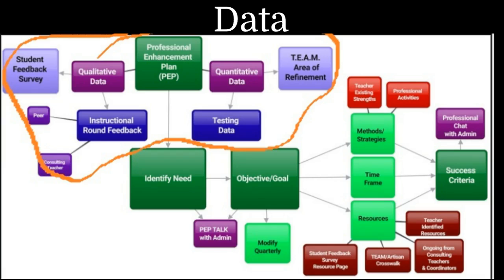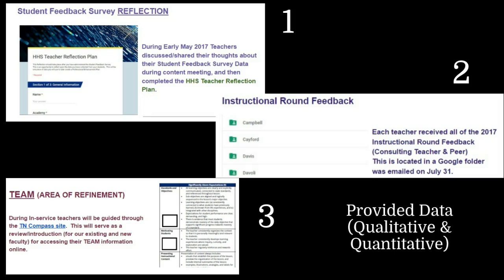So let's look at the data that will be used to come up with identifying a need, an area that needs to be enhanced. Student survey, feedback survey last year that was given, teachers created a reflection that's in your teacher folder. The instructional round feedback that you received from peers and myself, the consulting teacher, is also in that folder.